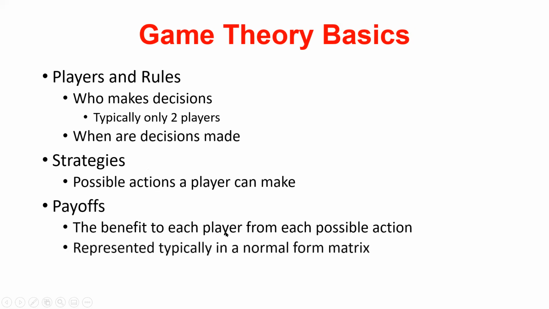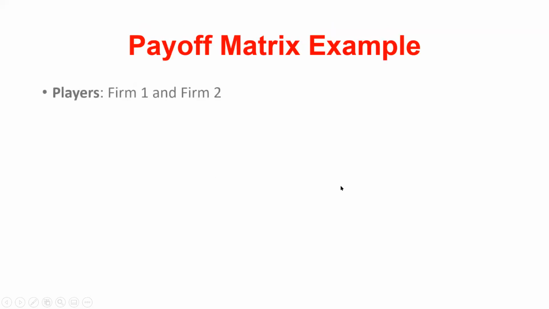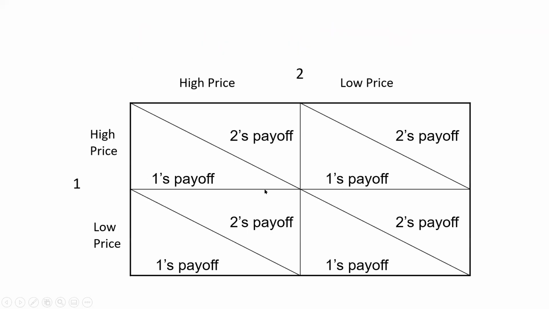That's the general setup, and we're going to depict these in what we call a normal form matrix. I'll give you an example, just a visual. This is a more traditional economic model where I have two firms, both selling the same product, and they're each choosing to set either a high price or a lower price. This is one of those simplifications, since obviously you can choose a continuum of prices.